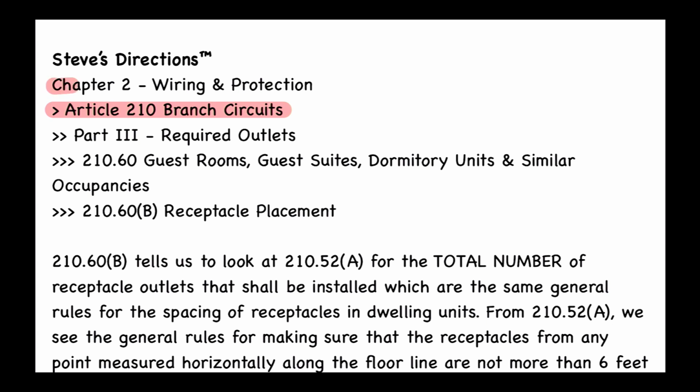That's within Chapter 2, Wiring and Protection. It's in Part 3, which is called Required Outlets. And then we look in Part 3, and then we find 210.60, and that is titled Guest Rooms, Guest Suites, Dormitory Units, and Similar Occupancies.